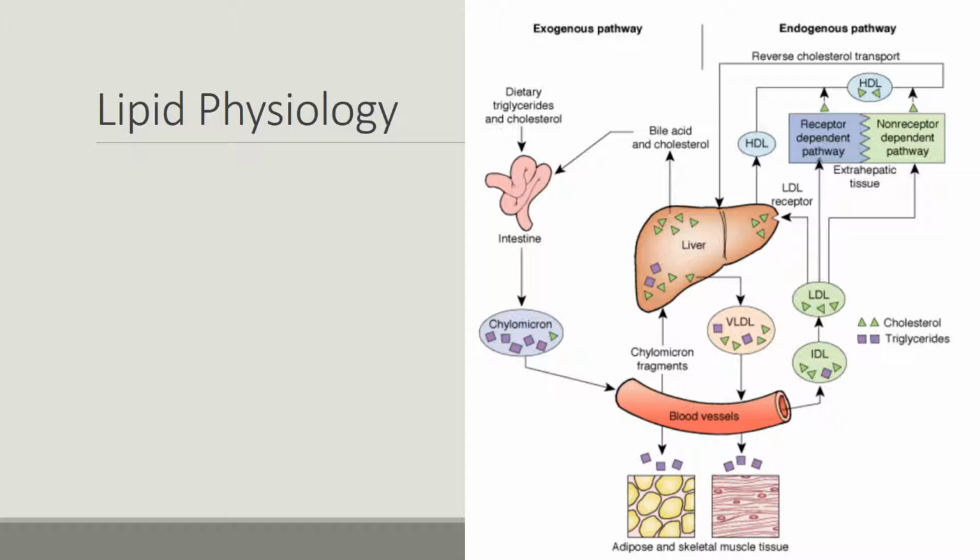However, if we look at fasting levels of triglycerides between 500 and 1,000 milligrams per deciliter, the clearance of chylomicrons from the blood serum is significantly slower at those levels. Chylomicrons from the previous night's meal are still circulating the following morning.